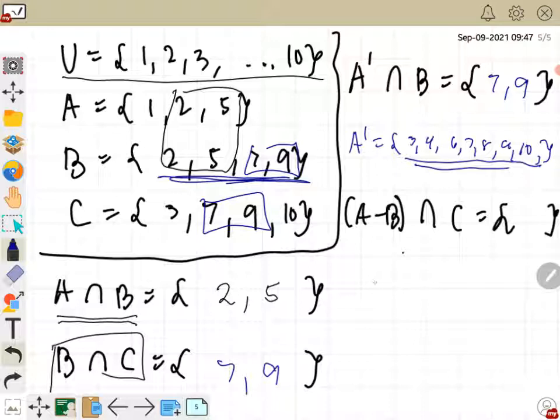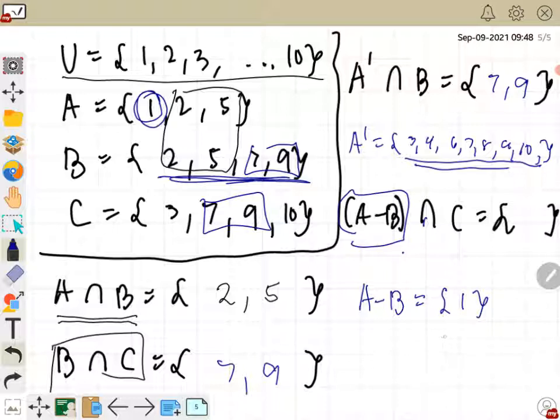How about A minus B intersection C? So we take first the elements of A minus B, then we compare it with the elements in C. So A minus B are the elements in A that you can't find in B. So basically that's 1.